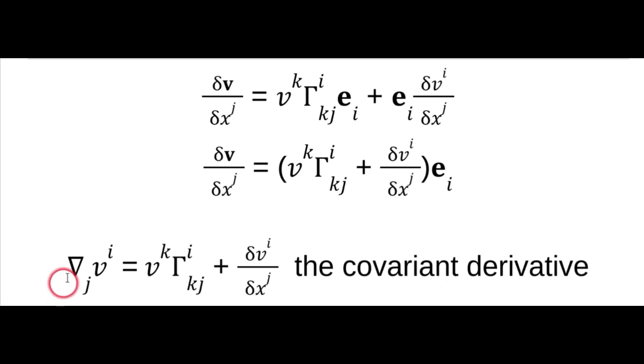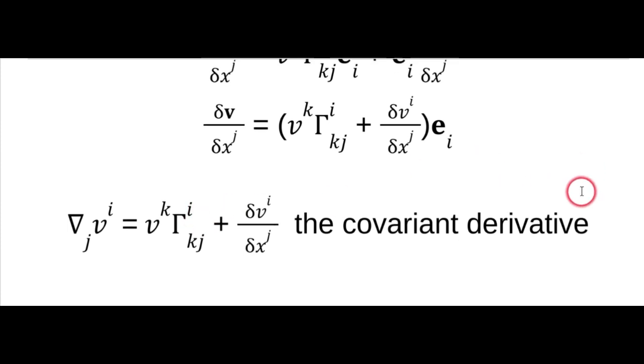So it's saying I'm taking the jth derivative of the ith component, which is equal to the normal directional derivative you would see plus this stuff. And this is called the connection coefficient, the Christoffel symbol. It's connecting the fact that the basis vectors may be changing in the space when you do the derivation.